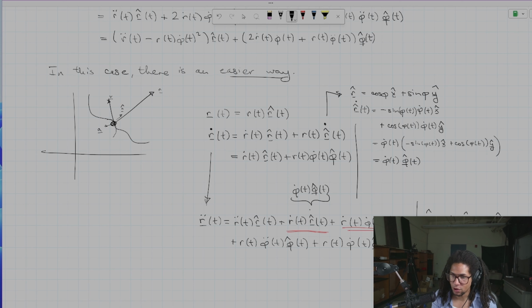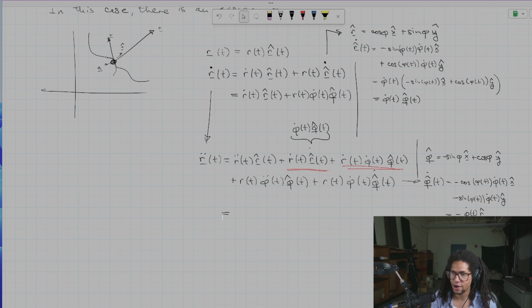Okay, so now when all is said and done, we can write in the final answer, which is r double dot of t, r hat of t, plus 2 r dot of t, phi dot of t, phi hat of t, plus r of t, phi double dot of t, phi hat of t, and then minus, because of this minus sign here, r of t, phi dot of t squared, r hat of t.